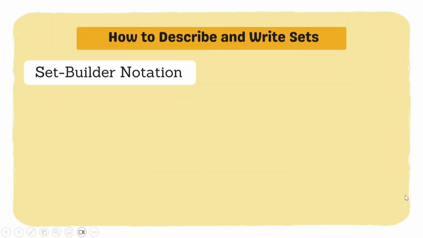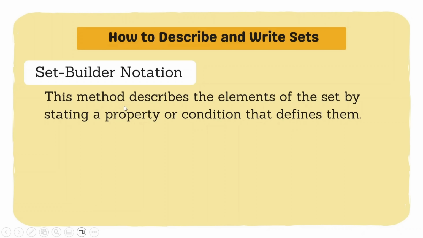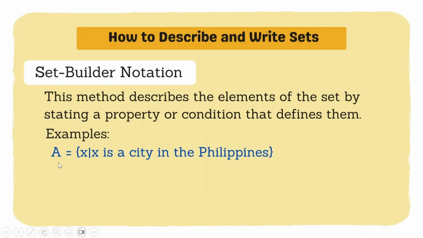And lastly, we have what we call the set builder notation. So ano po itong set builder notation? This method describes the elements of the set by stating a property or condition that defines them. For example, we have here, ito po, kung napapansin nyo, iba na po yung kanyang pagkakasulat. Okay, paano po ito basahin?